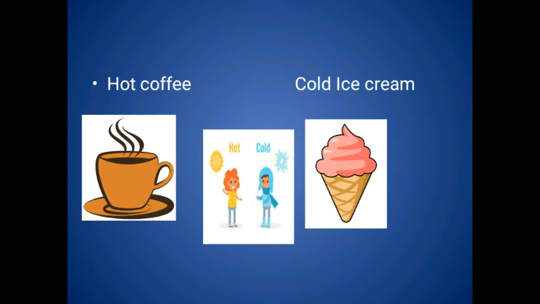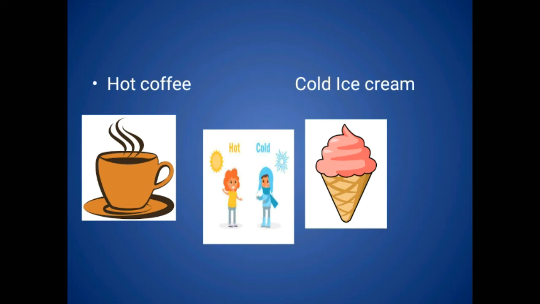So what exactly is the difference between hotness and coldness? Why does the difference arise between the hot cup of coffee and ice cream? See, the difference is in the hotness. Something is very hot, something is less hot, something is very cold.